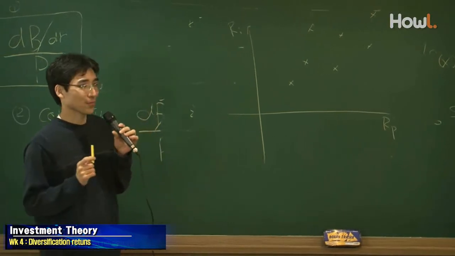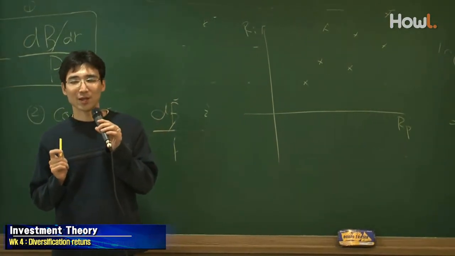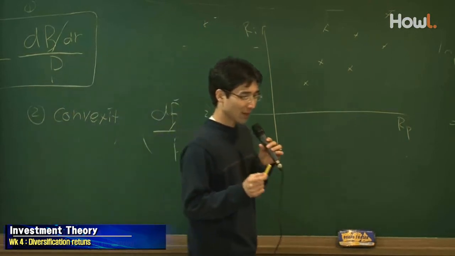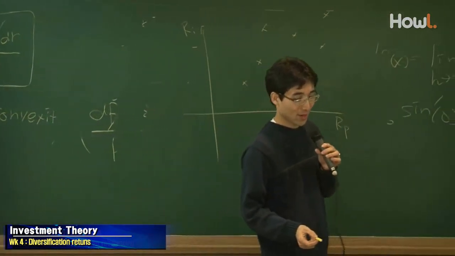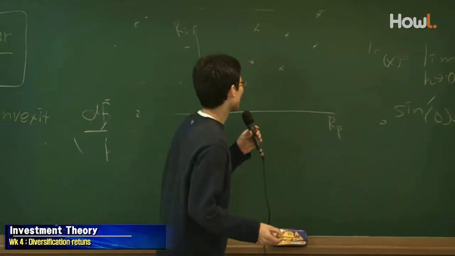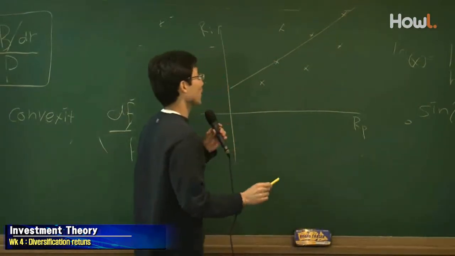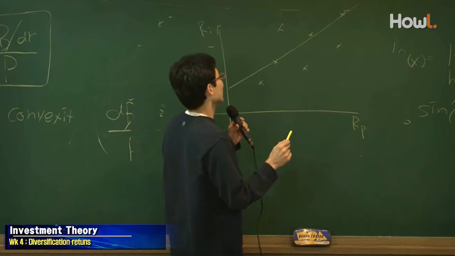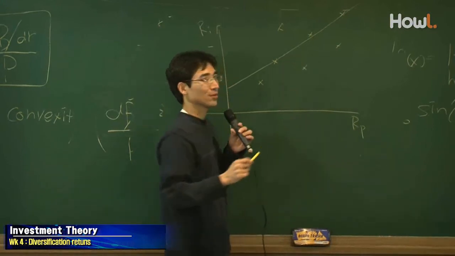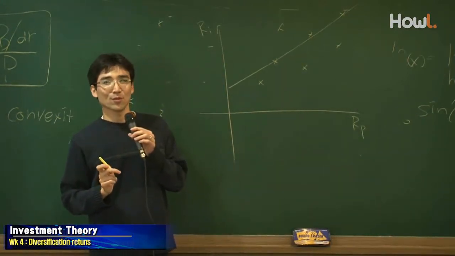This is the data about Ri and Rp. And this beta i basically means the slope of the line. So beta is the slope of the line that fits these points best.